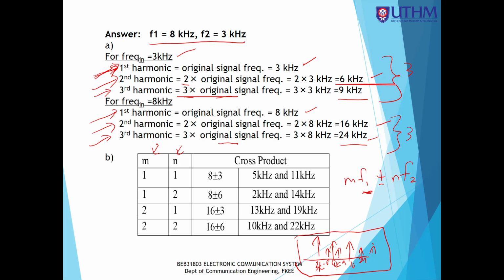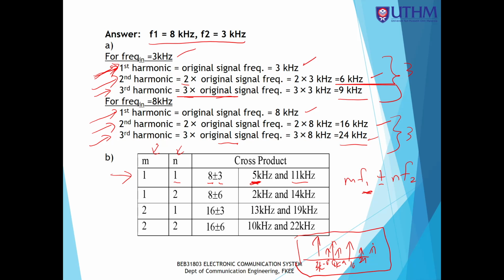So perhatikan di sini, apabila M sama dengan 1, N sama dengan 1, that means 1 kali F1, 8, dengan 1 kali 3. So you akan dapat ini adalah difference frequency. 8 tolak 3 dapat 5 kHz. 8 tambah 3 you akan dapat 11 kHz.